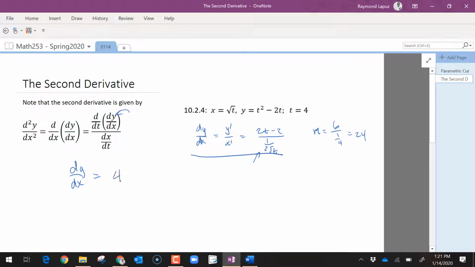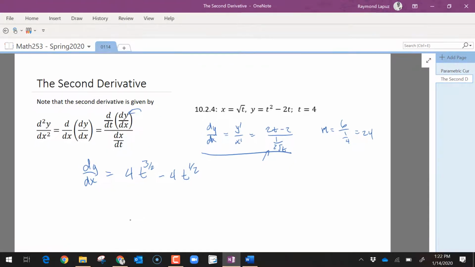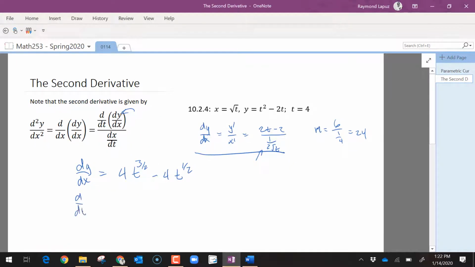So it becomes 4t to the first plus t to the 1/2, t to the 2/3 minus 4t to the 1/2. Does that look okay? So this would be easy to take the derivative of now because it's in a couple of pieces. You don't have to do chain rule, product rules, or quotient rules, or anything like that. So we want the derivative of this, let's say d dt of dy dx.